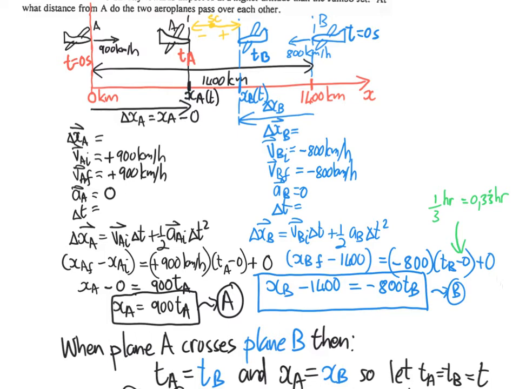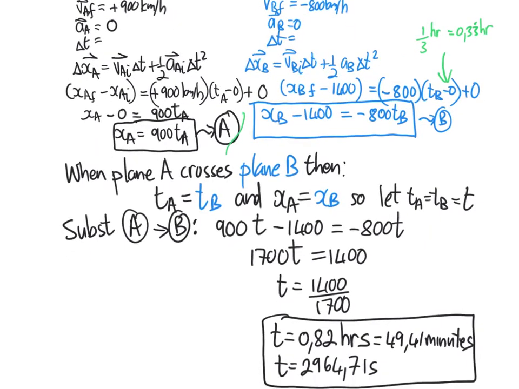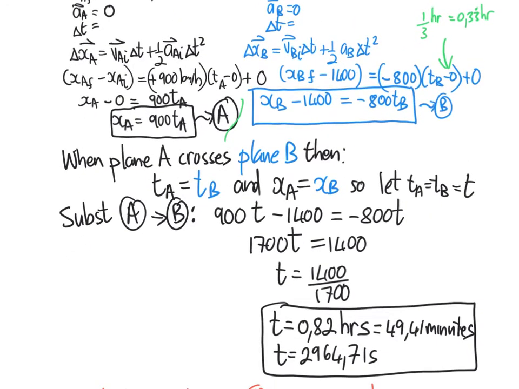So now we've got two equations in A and B, and by now we should know that we solve these simultaneously. You can also use elimination. We see that when plane A crosses plane B, the times will be the same, which will not be the case if we had solved the original problem, and xa will equal xb.